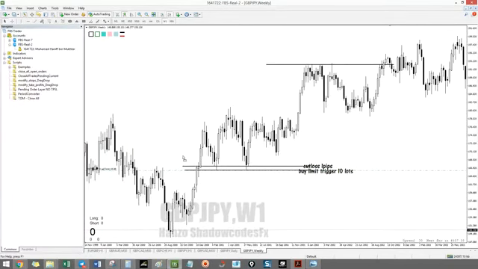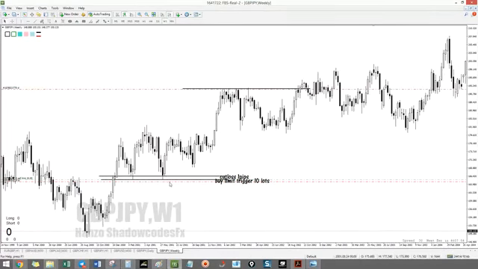SL is over here, for example. Your take profit is there. So let's see. 1 pips over there, okay? So this is 20 pips, about 2,000 USD.